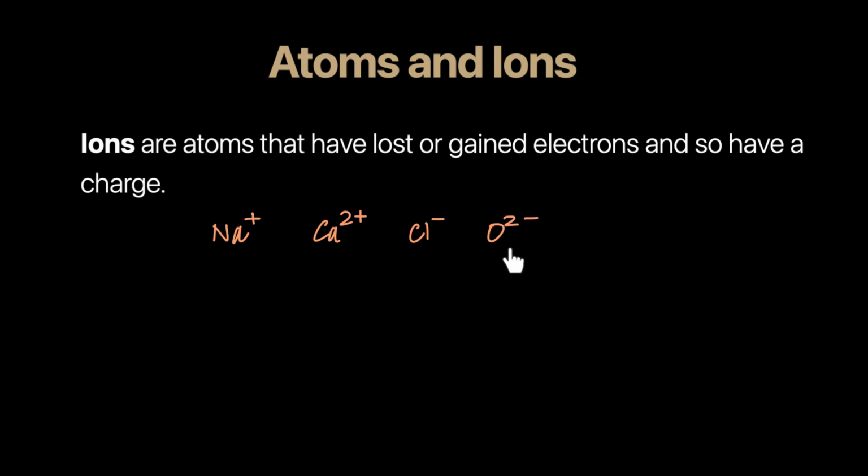So these are simple ions. There are some ions that are polyatomic, but I'm talking about simple ions for now. Simple ions are just atoms that have lost or gained electrons. The ones that have lost electrons are called cations, and the ones that have gained electrons are called anions.